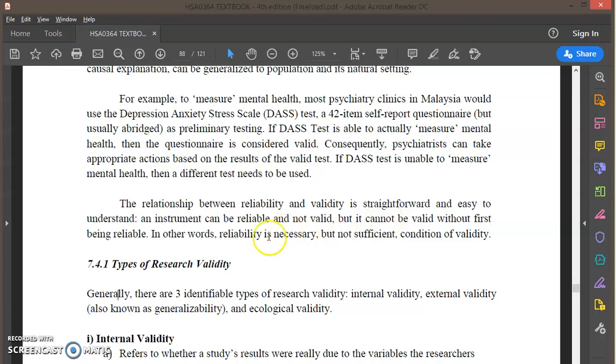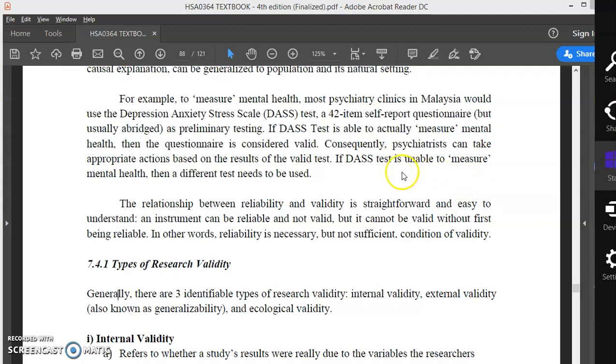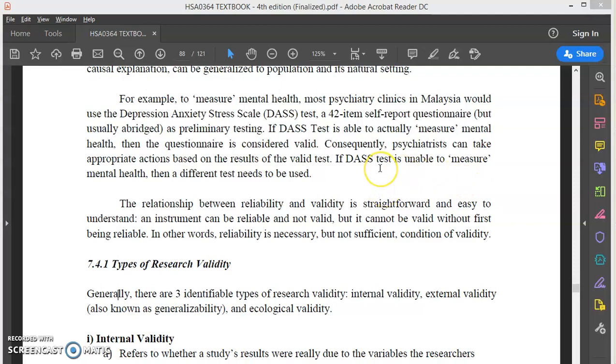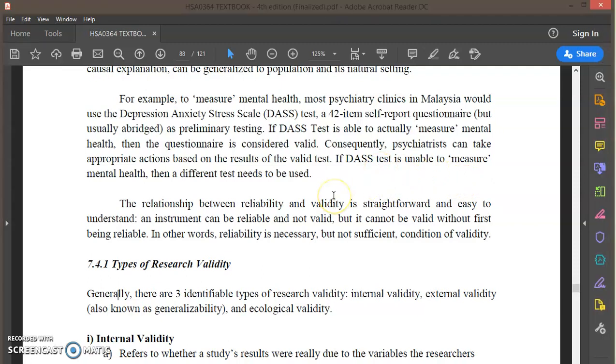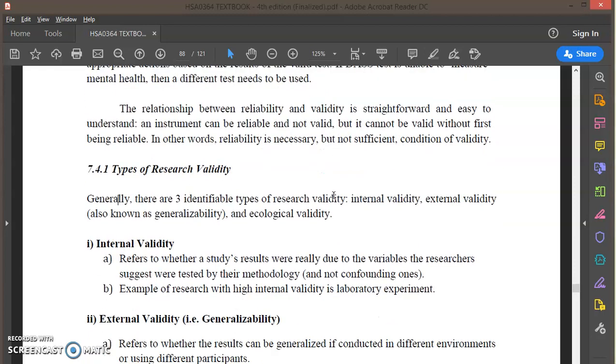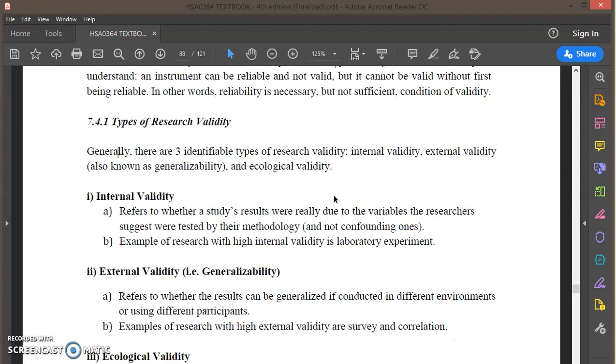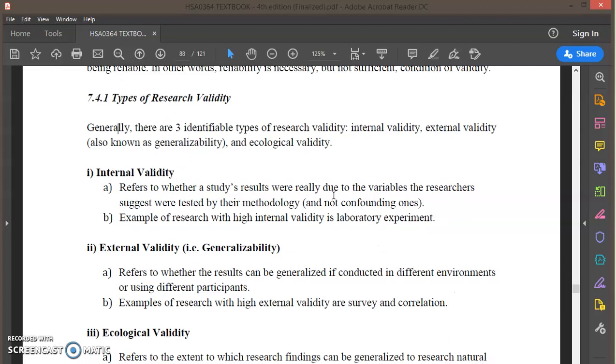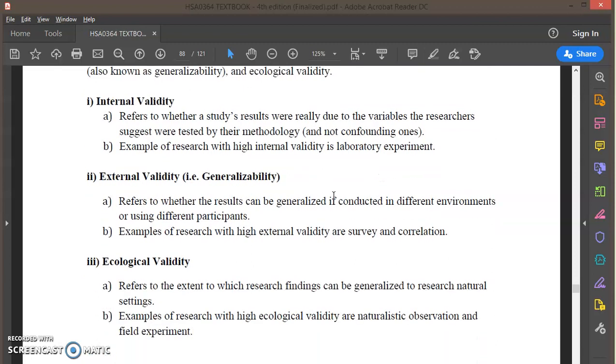In other words, a research instrument must be reliable, right? But doesn't have to be valid, right? So there's so many types of validity, but we are only looking at 3 types of validity, which are internal validity, external validity, and ecological validity.